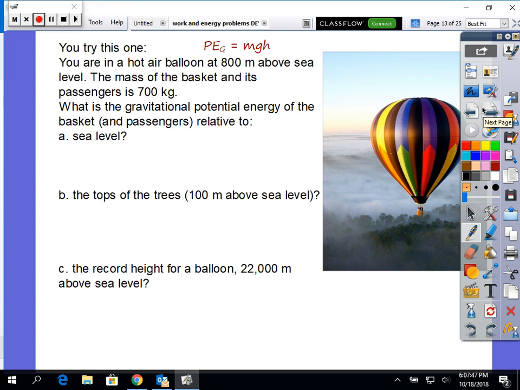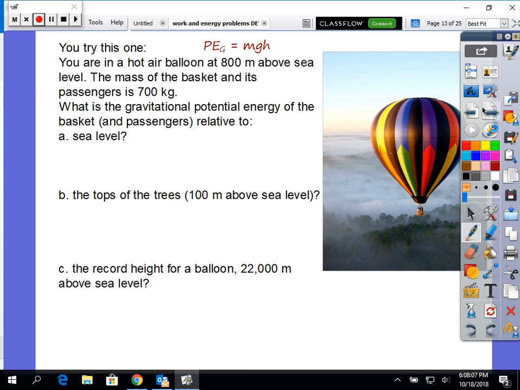One more potential energy problem. You're in a hot air balloon at 800 meters above sea level. The mass of the basket and its passengers is 700 kilograms. What is the gravitational potential energy of the basket and its passengers relative to sea level?